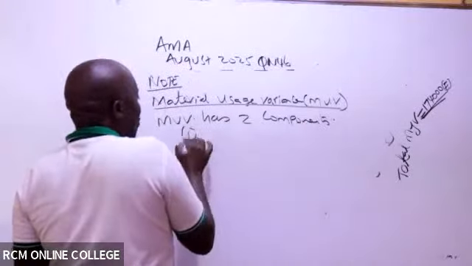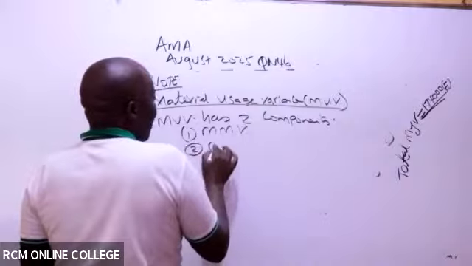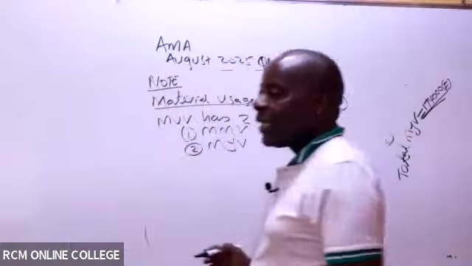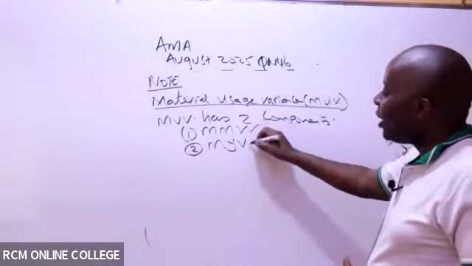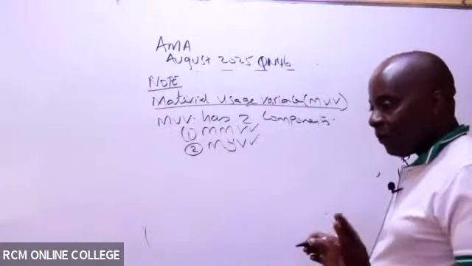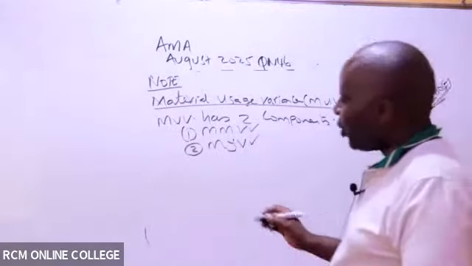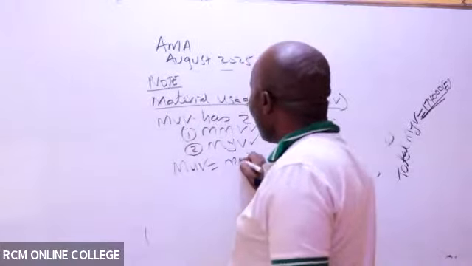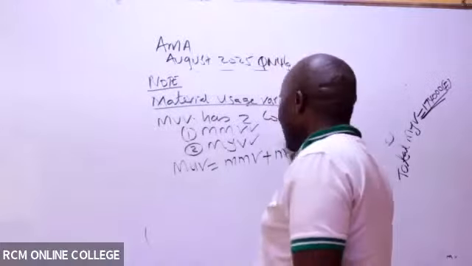Number one, we have the material mix variance, and then number two, we have the material yield variance. Meaning that if the examiner tells you to get material usage variance, after you have gotten the two components, you don't have to start using the other formula. No. What you basically do is add them. So my material usage variance will be my material mix variance plus my material yield variance.